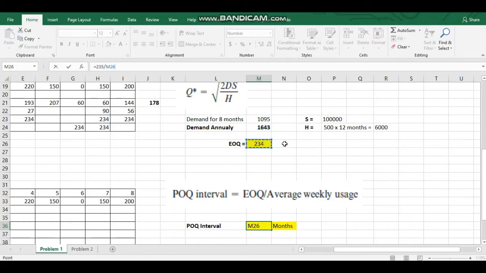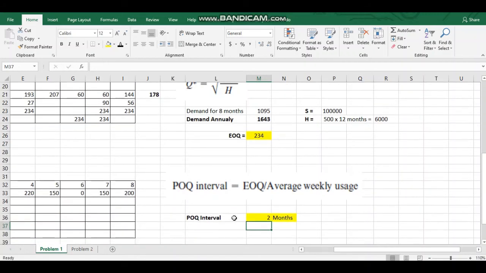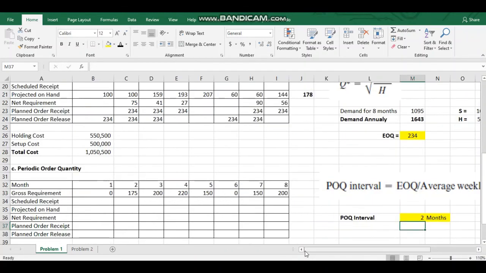You can see the formula here, and the total for the interval is 2 months. So we have to place orders to cover 2 months of requirements.